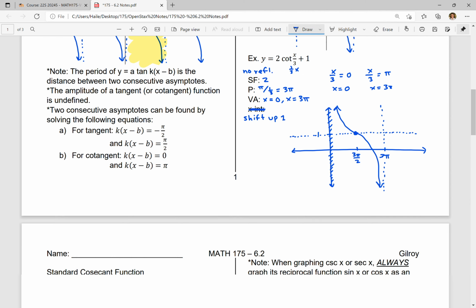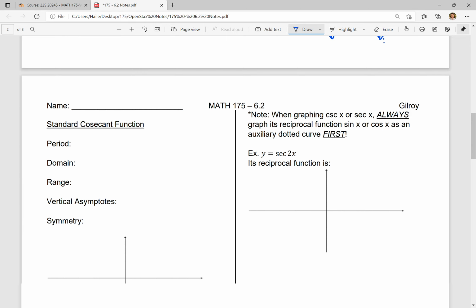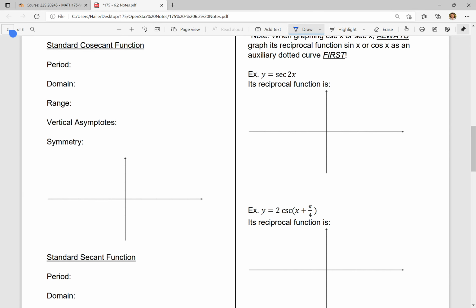The next thing we're going to talk about is how to graph cosecant and secant. So first we're going to talk about cosecant, and the way we write this equation is y is equal to cosecant of x. But once again, we can apply any transformation that we want. So the period of cosecant, you might guess, is 2 pi. So remember that secant and cosecant are related to sine and cosine.